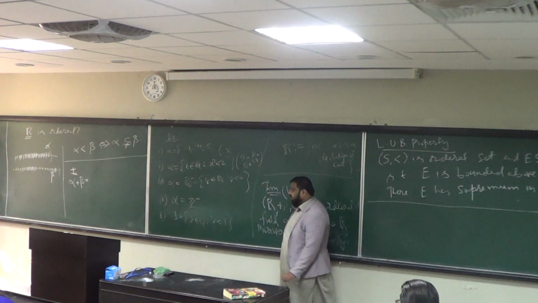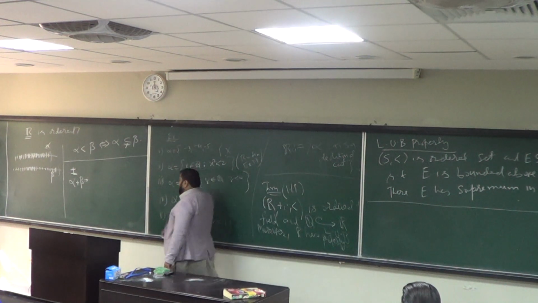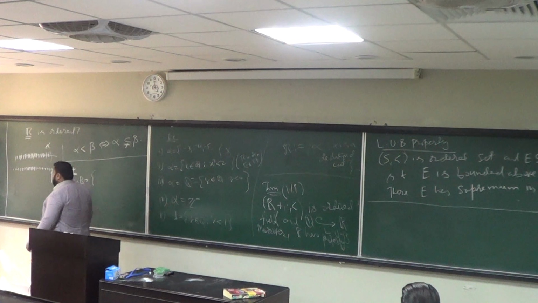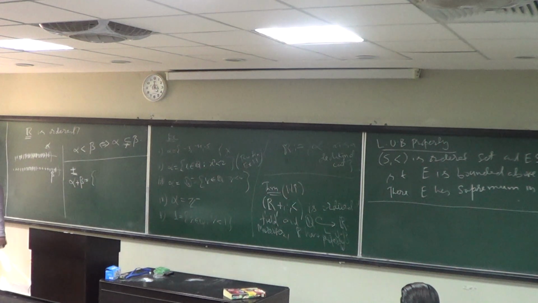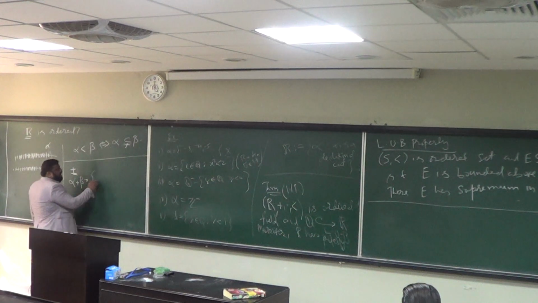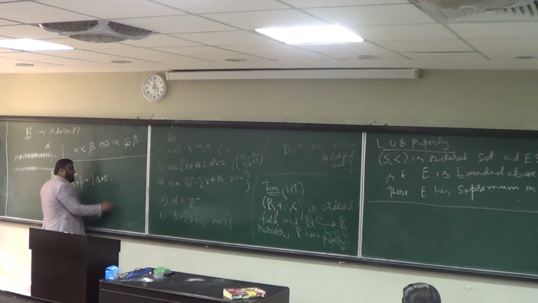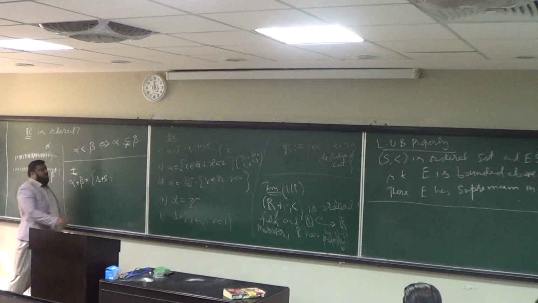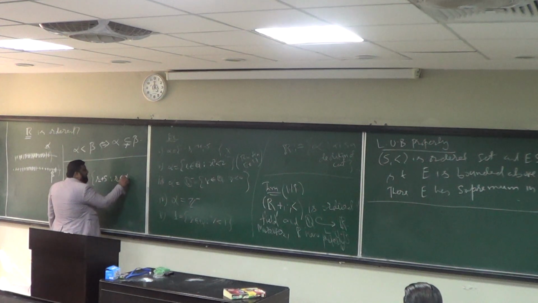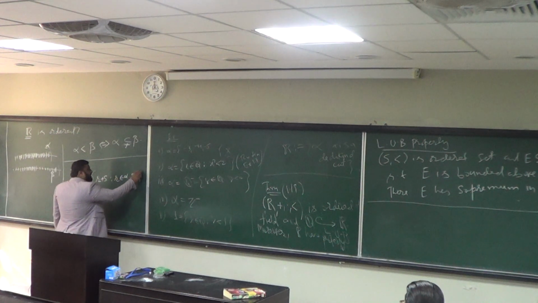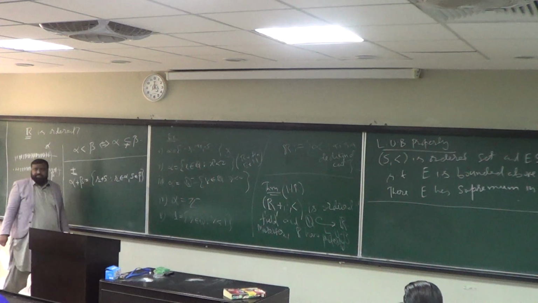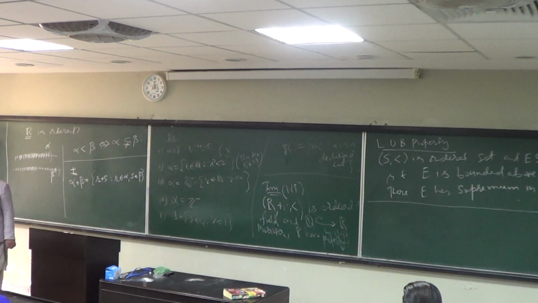It's like you take every element of alpha and every element of beta, take all possible pairs and add them. In other words, alpha plus beta comprises r plus s such that r is in alpha and s is in beta. So we define that.